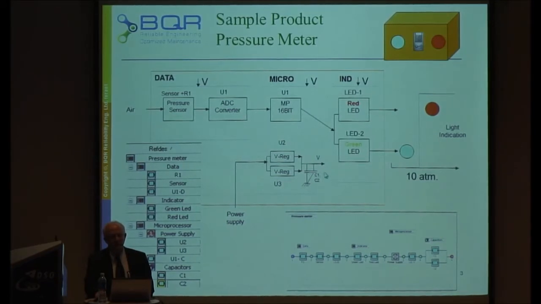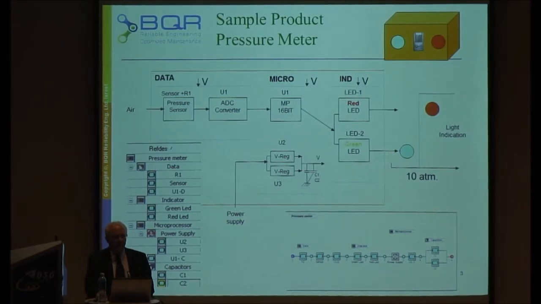It's enough to have one capacitor and one voltage regulator. You can apply this model to any other kind of product. Basically, if the pressure is less than 10 atmospheres, then it shows green. If it goes up, the red one.